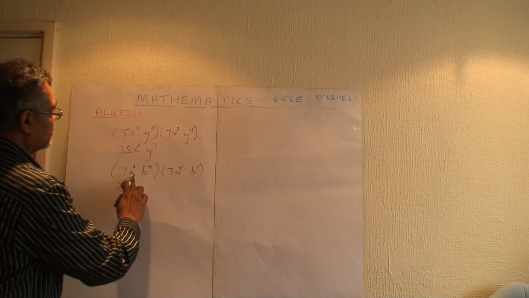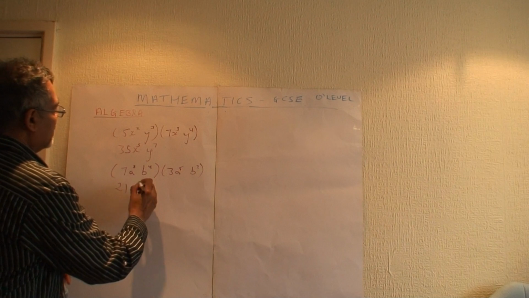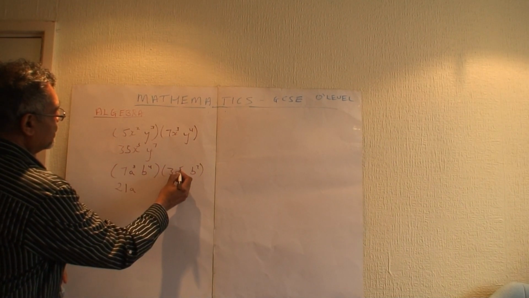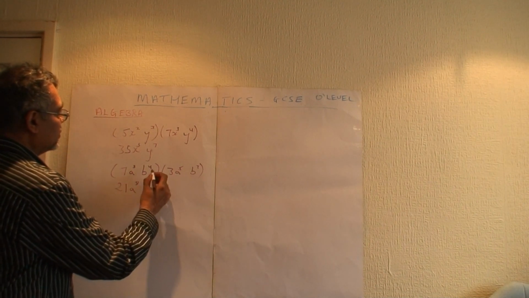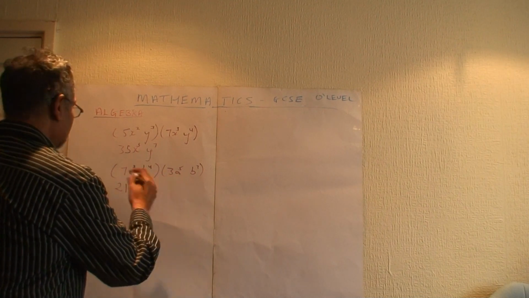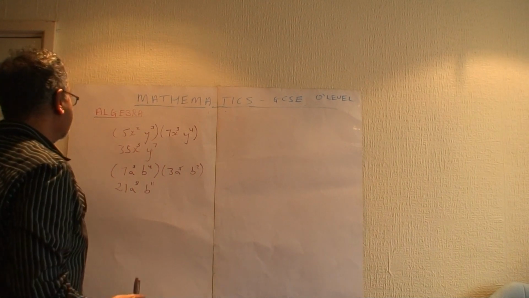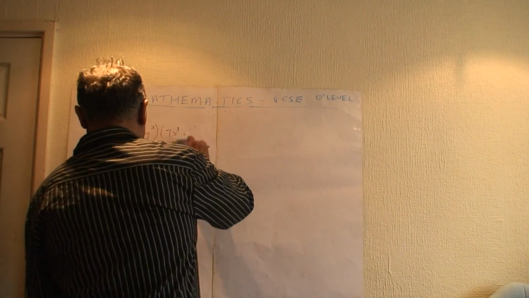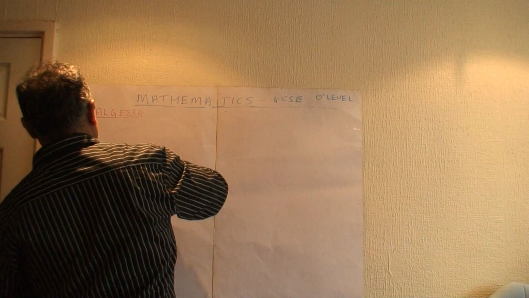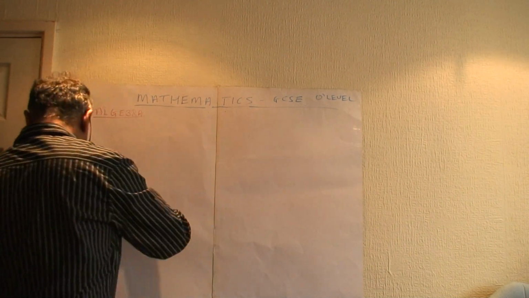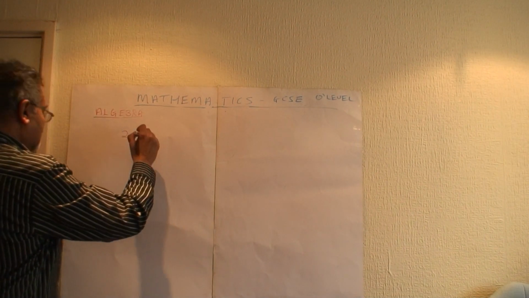You have a and a, those are like ones, so we add the powers, that's a to the 8th. And b, we add the powers, right, 7 and 4, 11. Okay, 21.